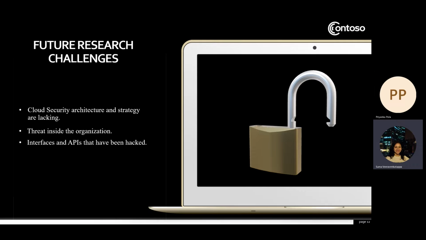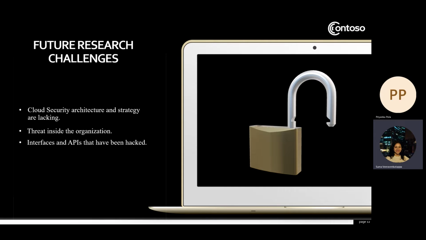So let's take a look at future research challenges. Though we ensure that the cloud service providers take care of security controls at most, still there are chances that the attackers try to find new ways to hijack the system. So that's the main concern nowadays.